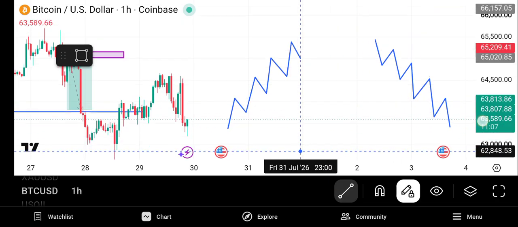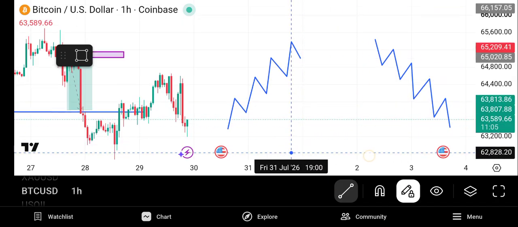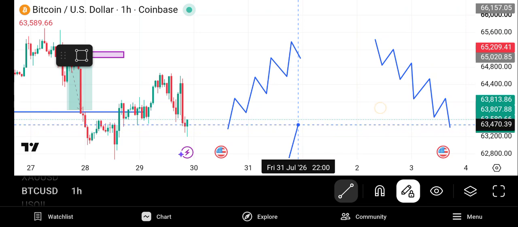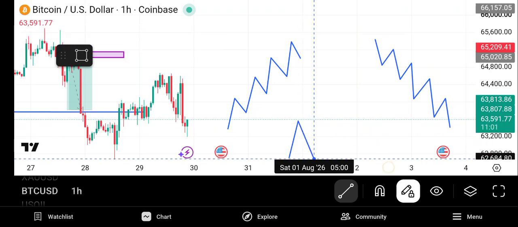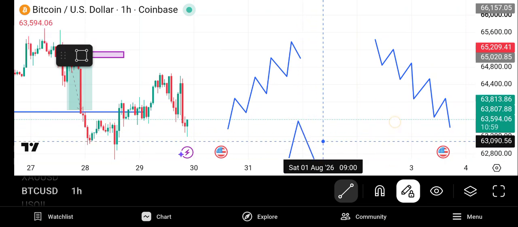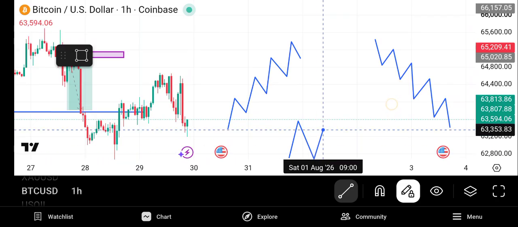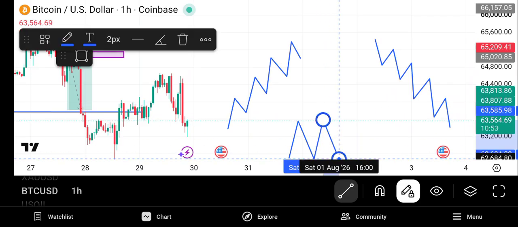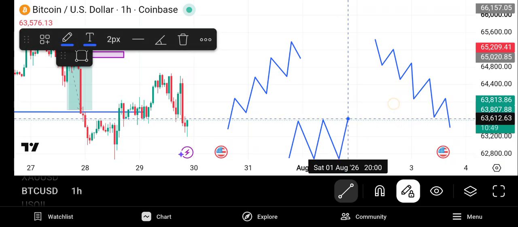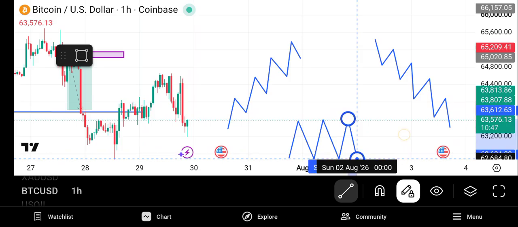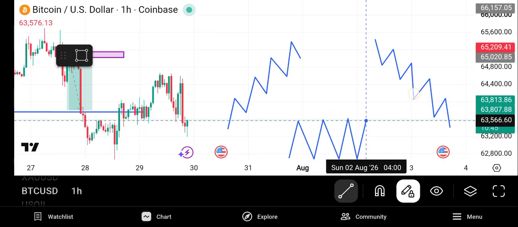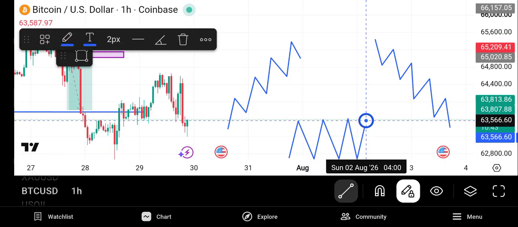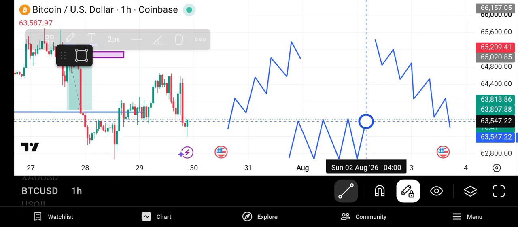A ranging market is when the market is moving from support to resistance, resistance to support, support to resistance, resistance to support, back and forth.